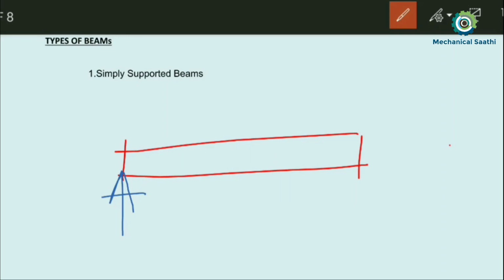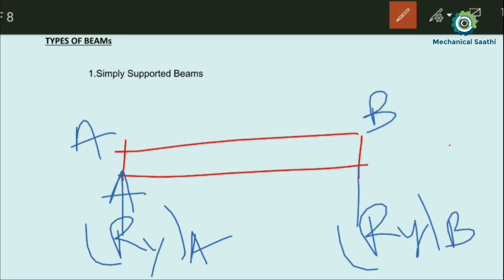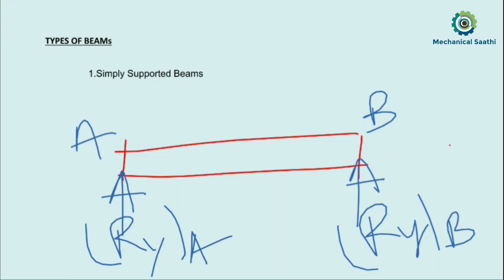Let this be point A and this point B, with Ry at point A and Ry at point B. So if this is the beam and we have two reactions at these two points, then this type of beam is called a simply supported beam. Let us see one of the examples.